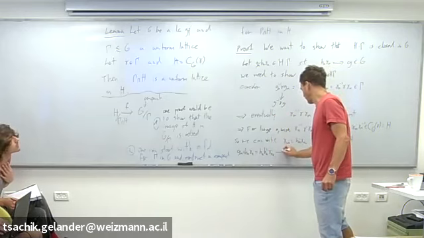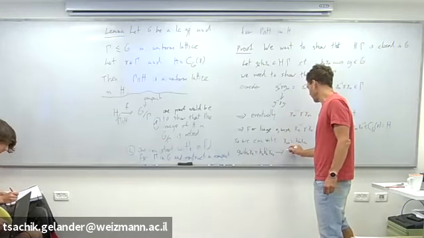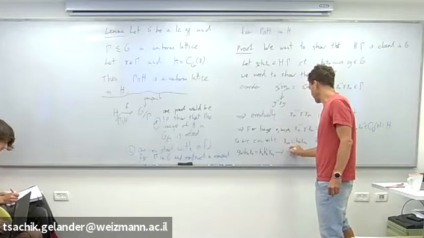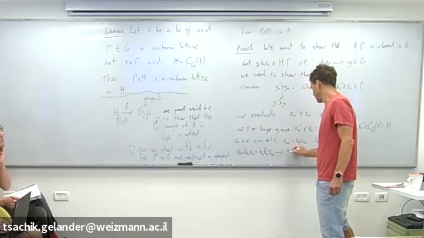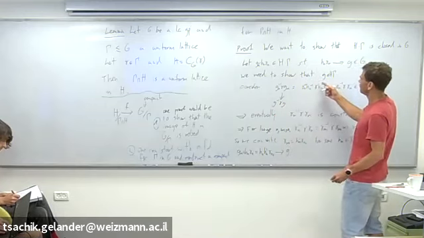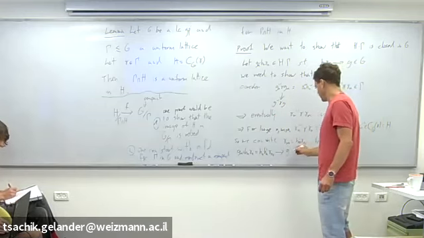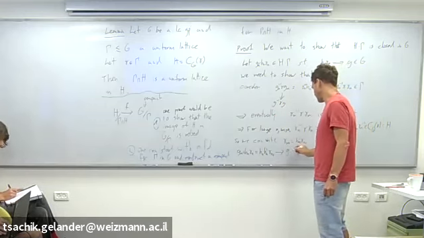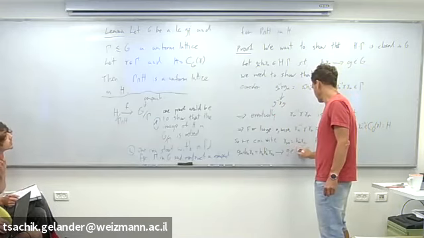And this converges to something, it converges to a limit G, which must belong to H times this coset.